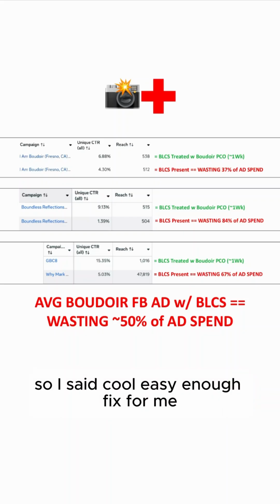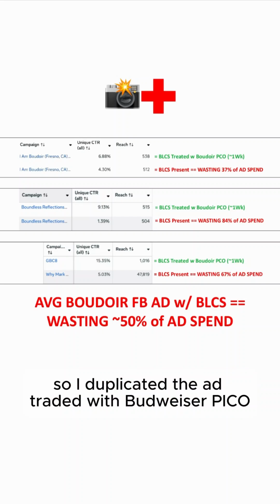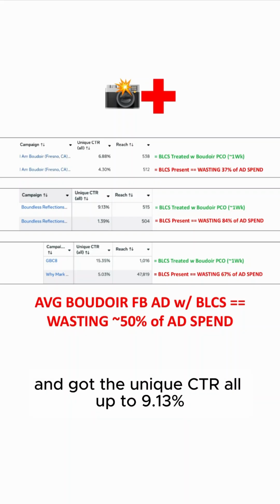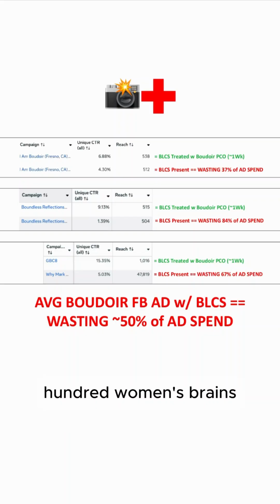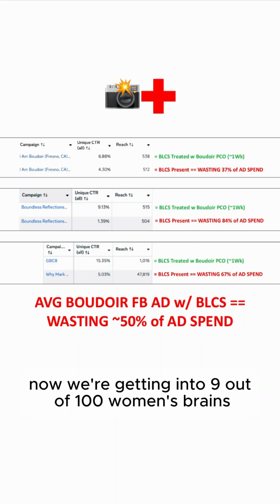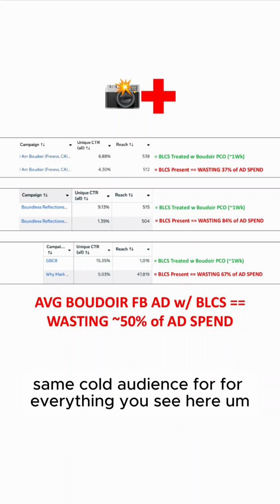So I said, cool, easy enough fix for me. I duplicated the ad, treated it with Boudoir Pico, took about a week, and got the unique CTR up to 9.13%. So basically, instead of their ad getting into 1.5 out of 100 women's brains, now we're getting into 9 out of 100 women's brains. It's the same city, same cold audience for everything you see here.